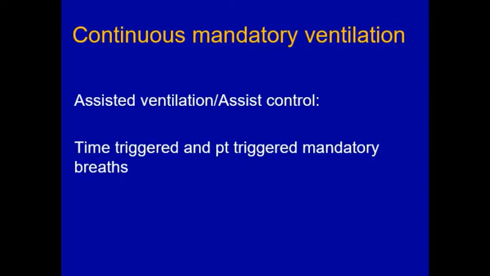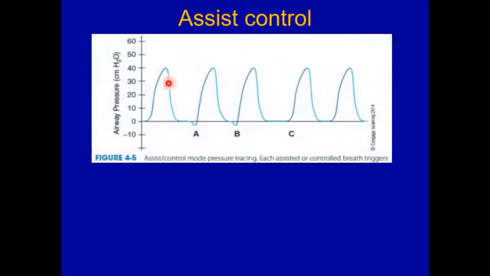Here the triggering is both by the patient and also time triggered, so mandatory breaths will be there. In assist control mode, this is the mandatory breath, and this is the patient triggered mandatory breath. This is also a patient triggered mandatory breath. So here only triggering is allowed by the patient.